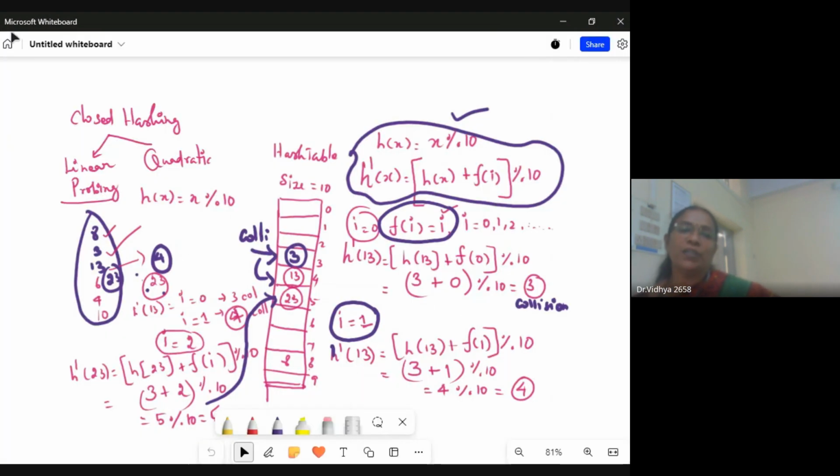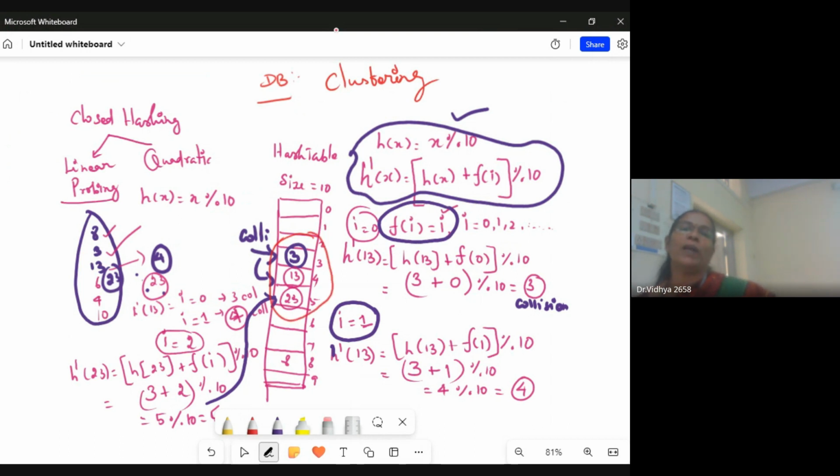In linear probing, we are facing a problem called clustering. So the drawback of linear probing is the problem of clustering. What do you mean by clustering? Clustering means accumulation of many elements within a small space.